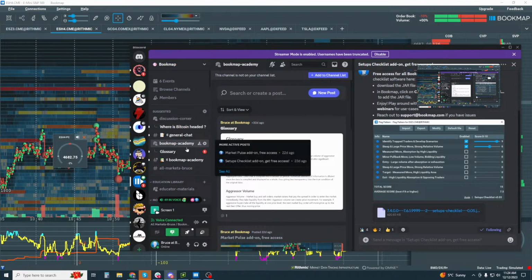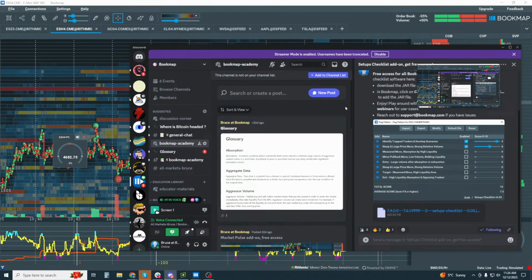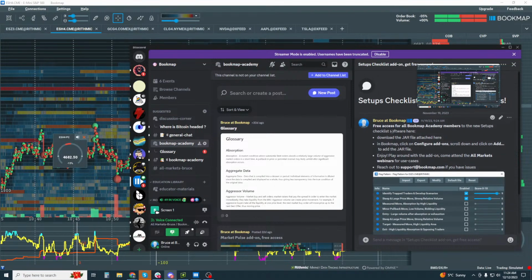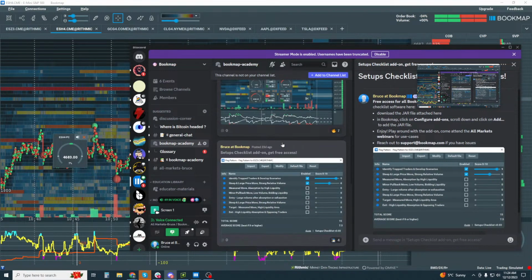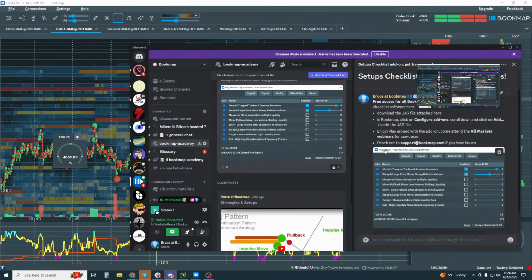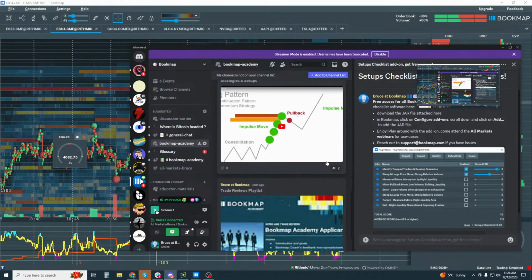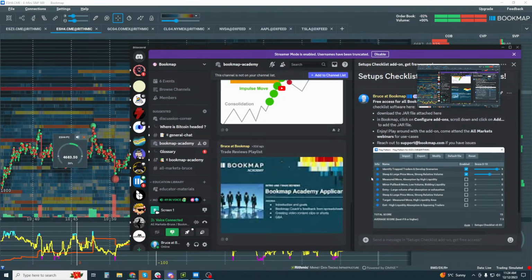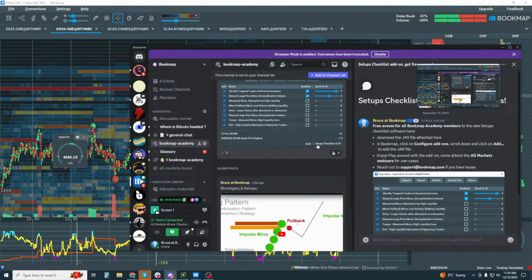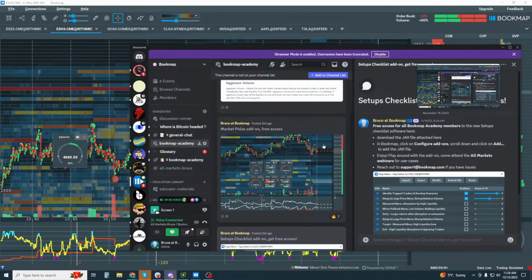So yeah, Bookmap Academy, and you'll get your resources in here. We put the here's how you can get access to your setups checklist. Here's how you can get your market pulse tool, and you know, we have the flag pattern in here. We have recordings from other Bookmap Academy meetings like we'll have on this Thursday, and we have the glossary here too.